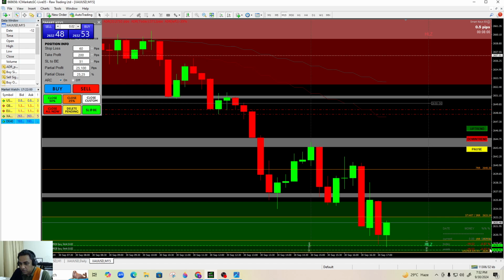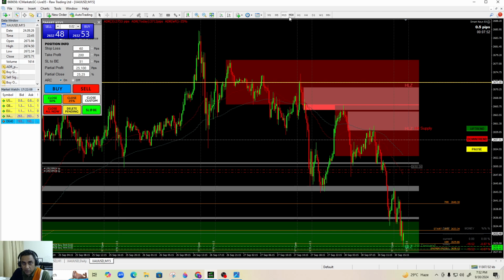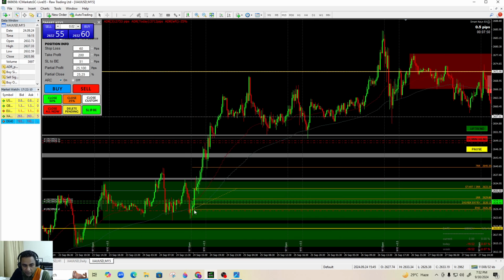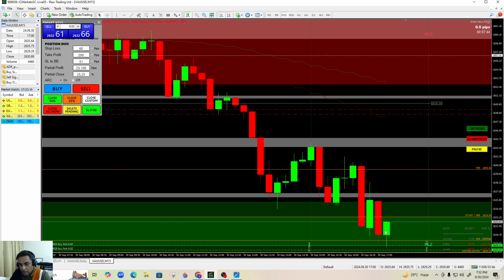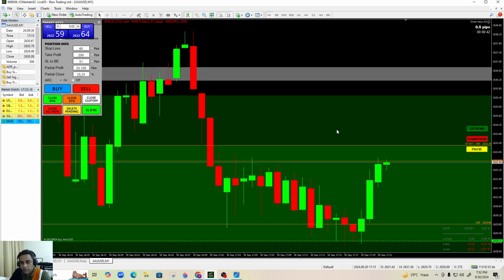So we had marked these 2 green lines just before the session started, and we were waiting for price to get into that candle, which it did, right? I don't know whether it'll come back. I doubt it'll come back again now. I think that's it. That's a tap, and we're going up.